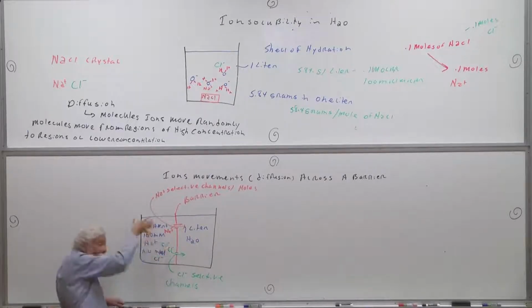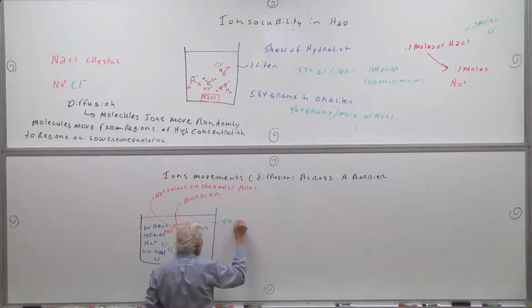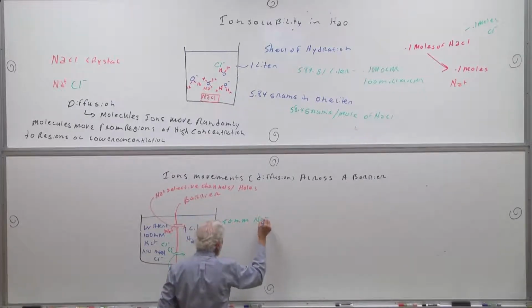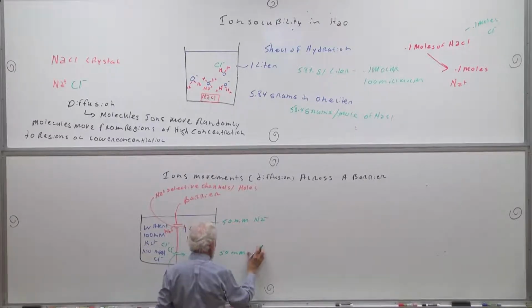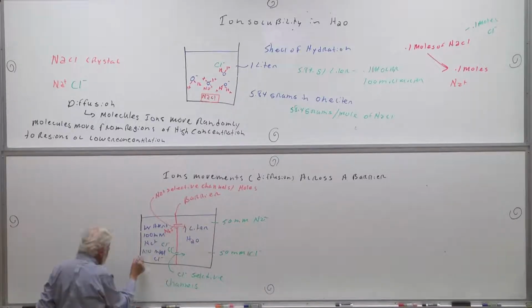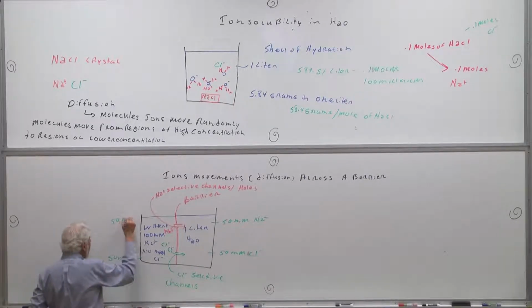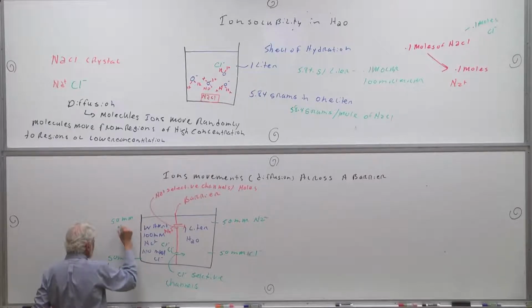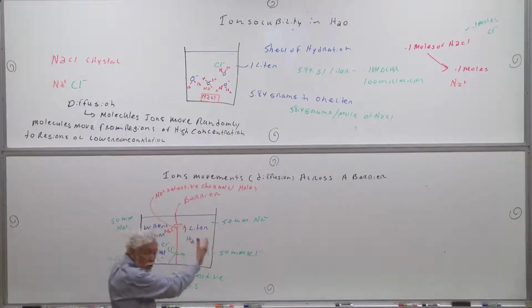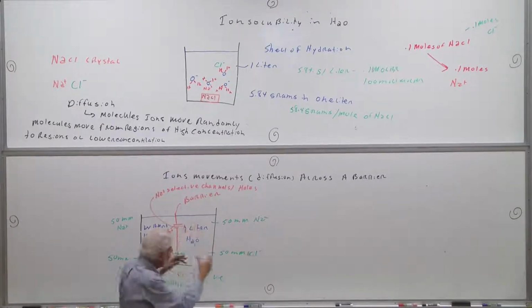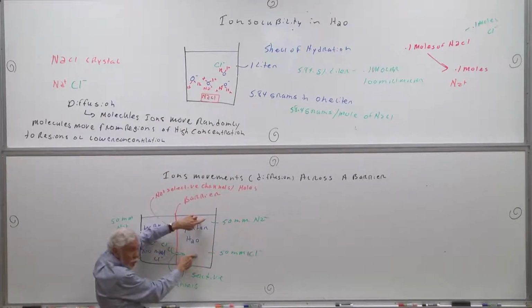So basically, we start out with everybody on this side, but through this random walk, we end up with 50 millimolar sodium and 50 millimolar chloride on this side. But we also have over here 50 millimolar chloride and 50 millimolar sodium. We are truly at equilibrium. We have the same concentrations on both sides, and we reach that equilibrium simply by allowing the sodium and chloride to move from their higher to lower concentration.